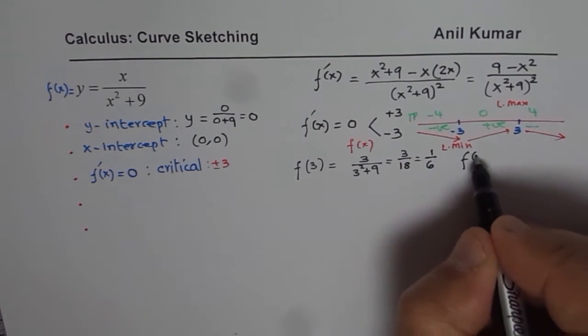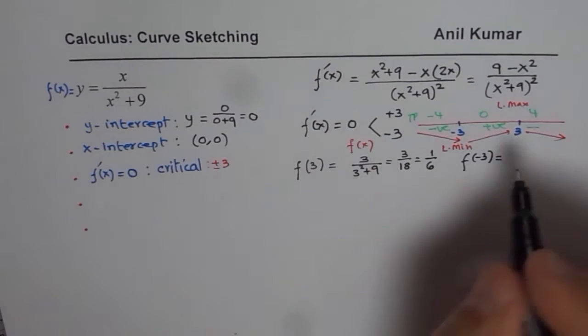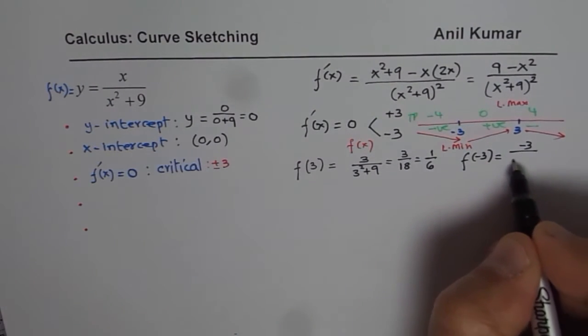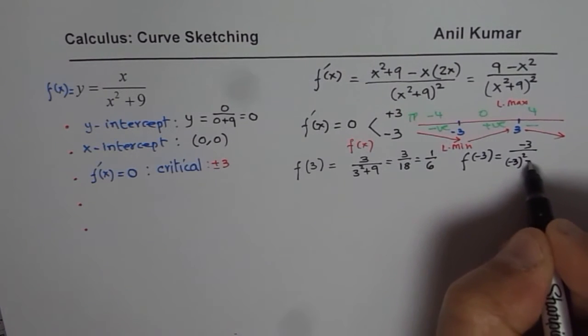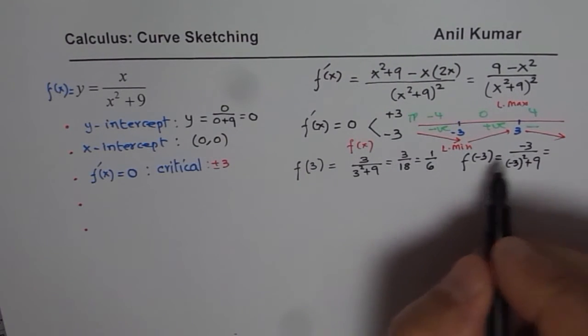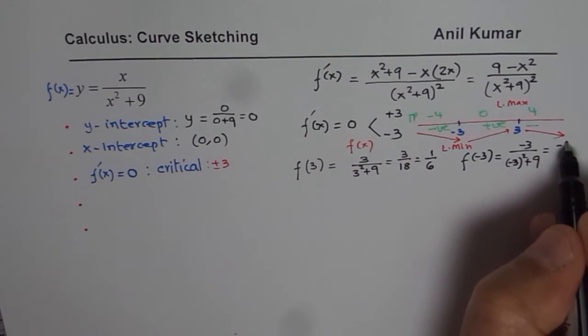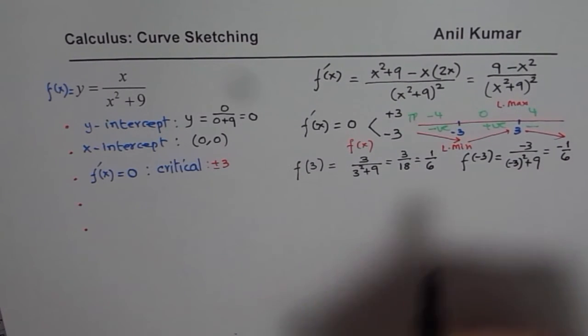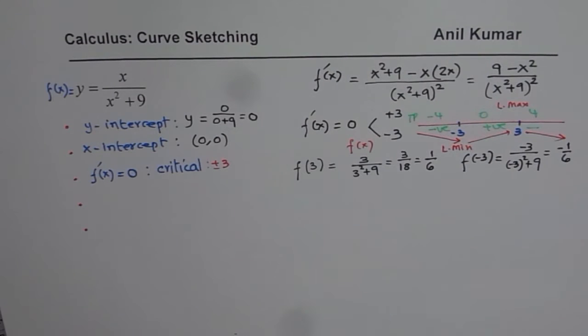F of -3 will be equal to -3 over -3 square plus 9, which will also reduce to 1 over 6, but with a negative sign. This is negative, so negative 1 over 6, right? So these are the two values which you will get for the local maximum and minimum, right?